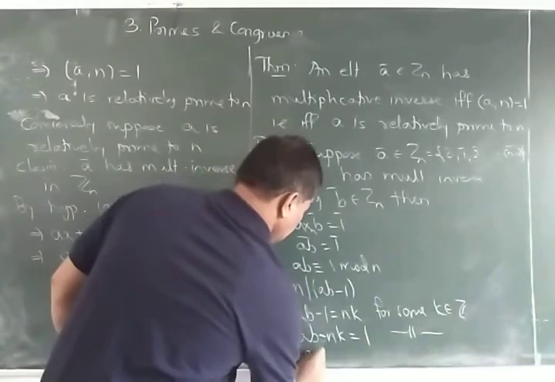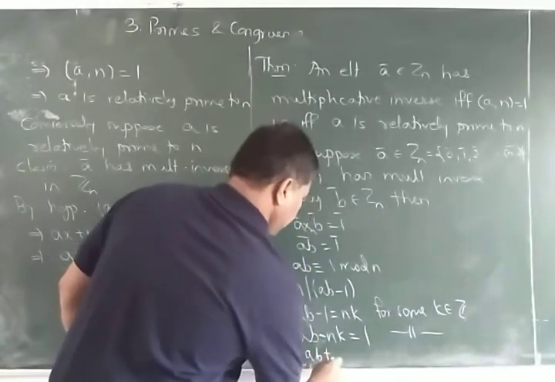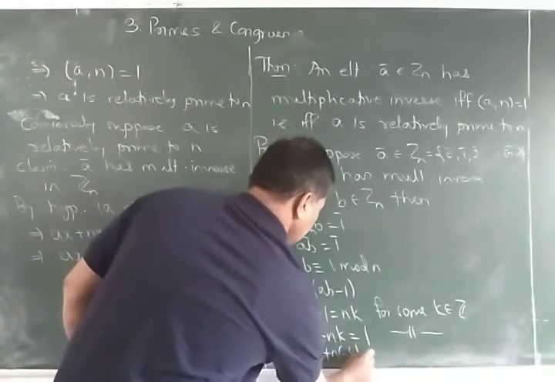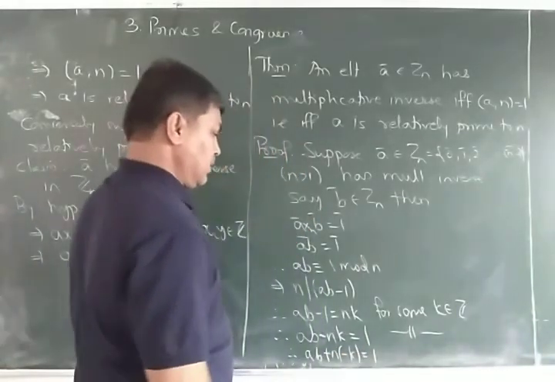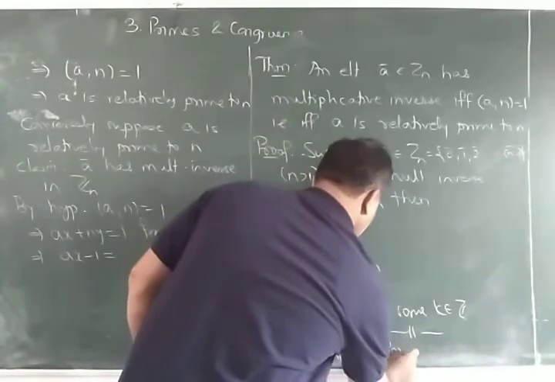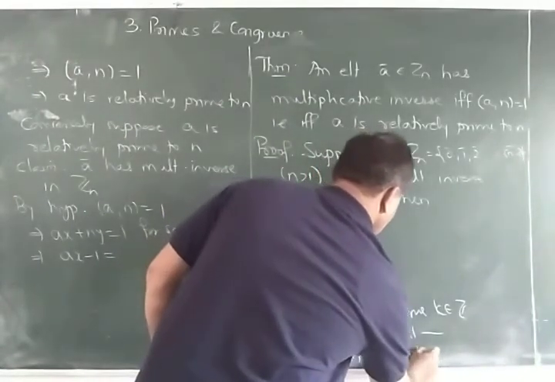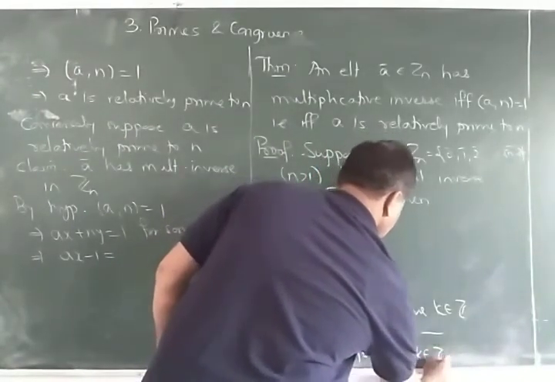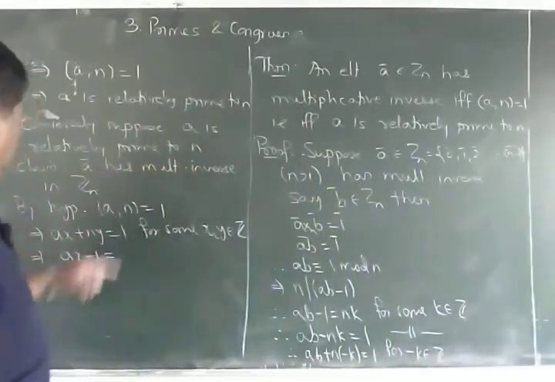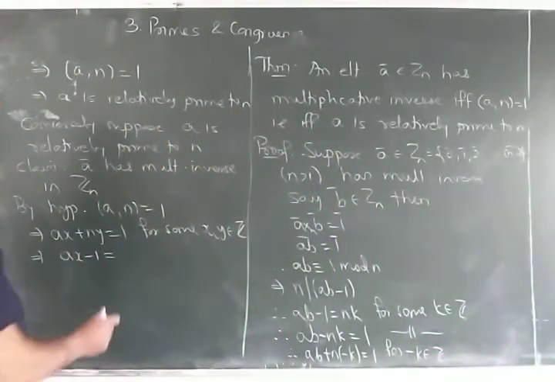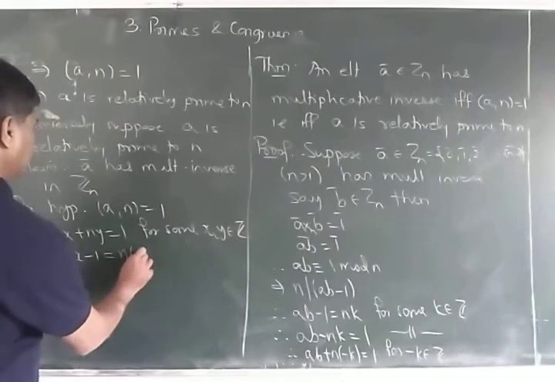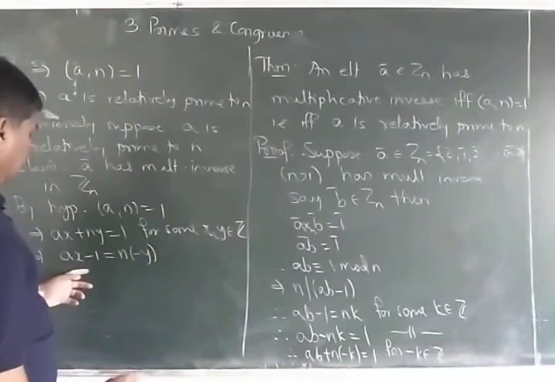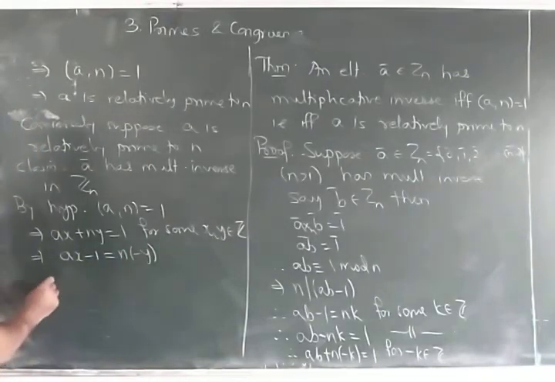And therefore ab plus n into minus k is equal to 1 for minus k belonging to Z. Okay, we are getting this. Ax minus 1 is equal to n into minus y, and therefore n divides ax minus 1.